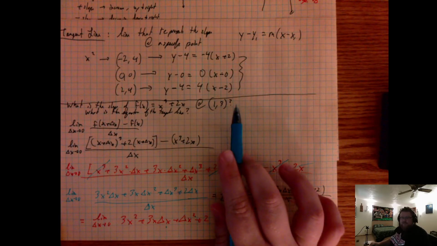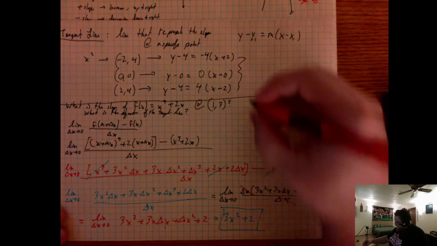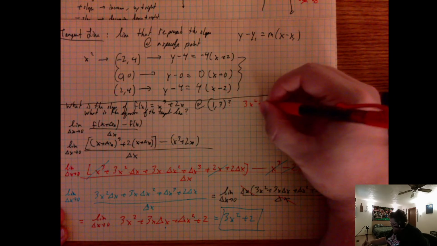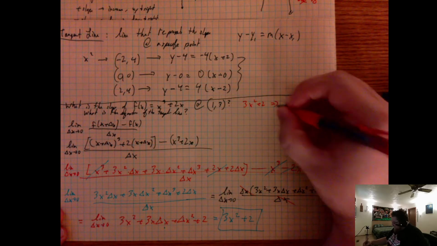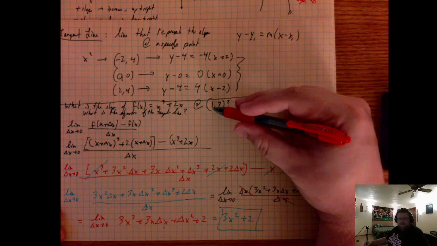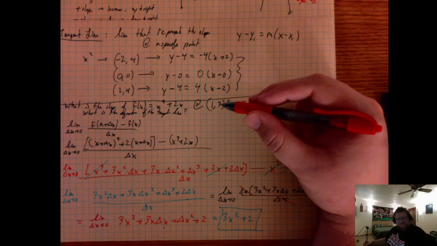So if I want to find the slope at this specific place, what I do is I take this function, which is 3x squared plus 2, and everywhere there's an x, I would put in 1. Because, again, the point is the x value of 1. Notice that I don't even care about the y value. The y value isn't actually that important, as weird as that sounds.